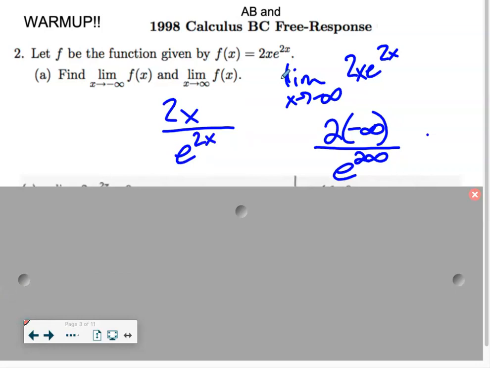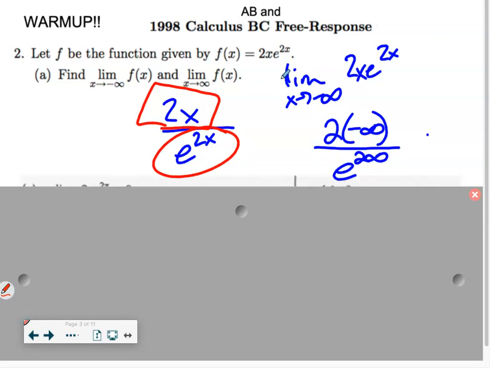So if we were to do this limit as x approaches infinity, remember yesterday we touched on comparative growth rates. We talked about which types of functions grow faster. What kind of function is y equals 2x? It's a polynomial, right? What kind of function is e to the 2x? That's an exponential.